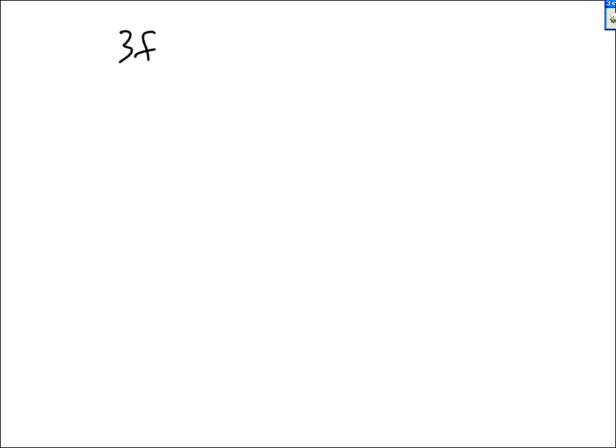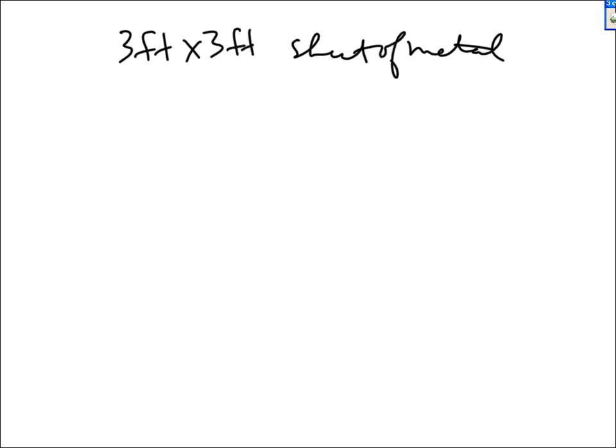So you have a 3 foot by 3 foot sheet of metal, and it is submerged 5 feet into 5 feet of water. The question is, what's the fluid pressure on this object?